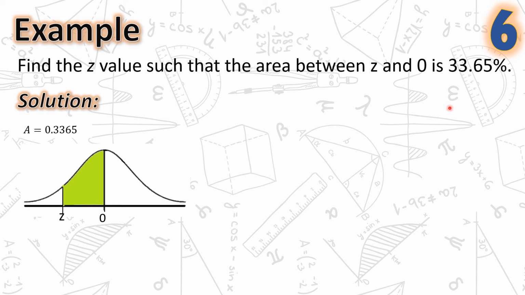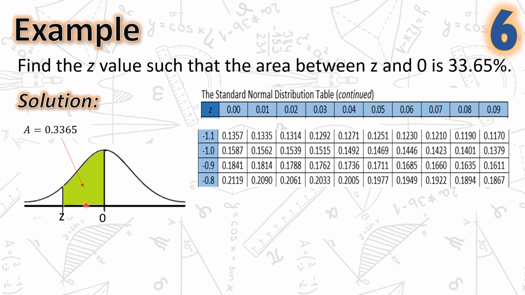The decimal representation for 33.65% of the area. Again, we use the standard normal distribution table in backward procedure. Since to the left of 0 is half the area of the standard normal distribution curve, and that is 0.5. And we know that on the table, we can find the area to the left of any z value.